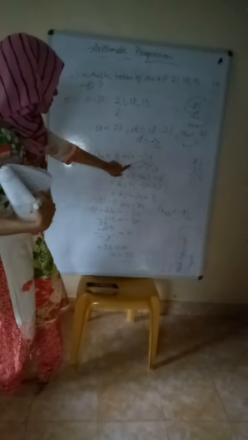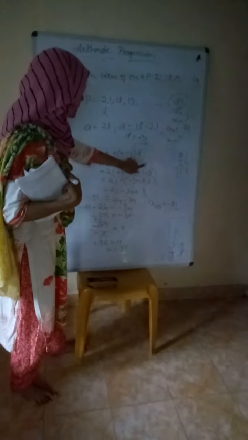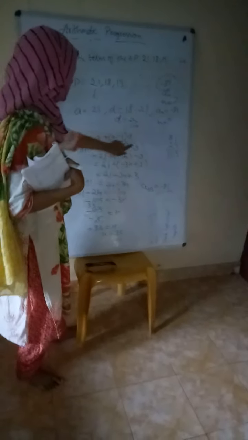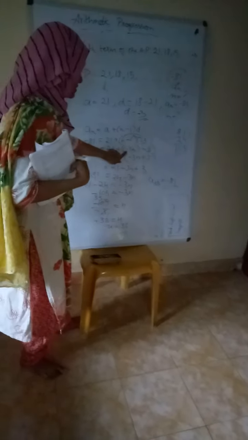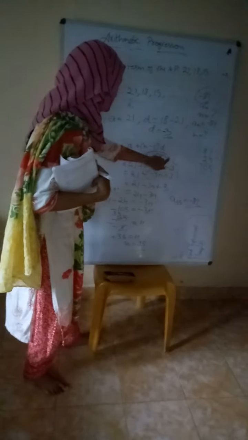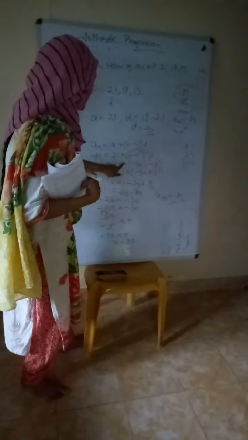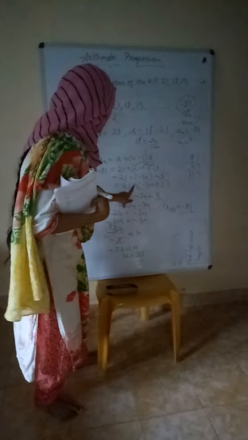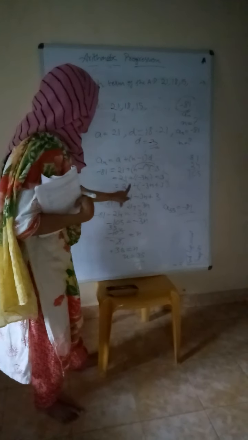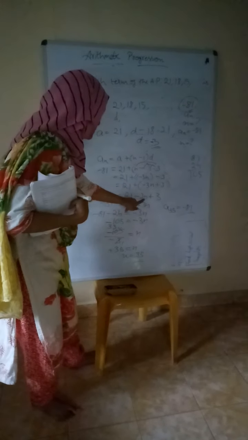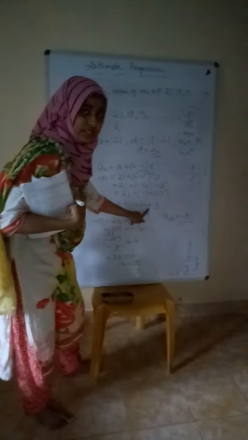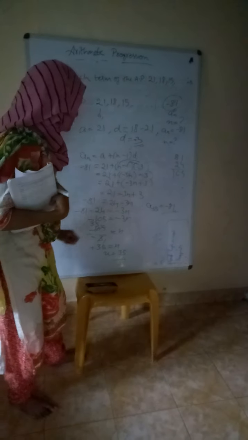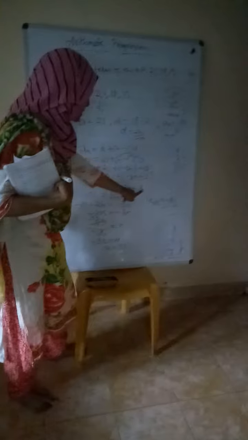Understood? Here they have not given n. You are multiplying this 3 to the inside. Minus 3 into n, minus 3n. Minus minus plus, 3 ones are 3. Then you have to put the bracket, otherwise the sign changes. 21 plus minus minus 3n plus plus plus, so plus 3. 21 plus 3 is 24.